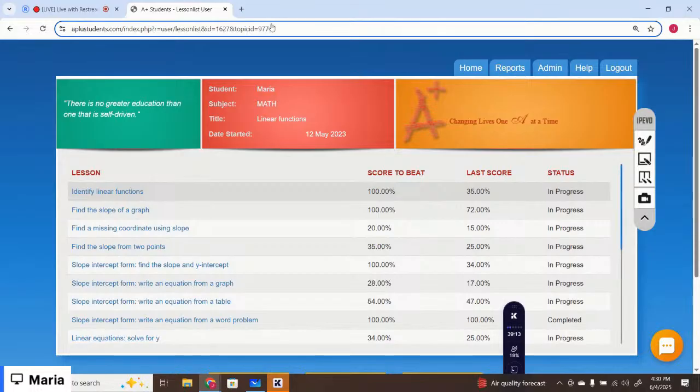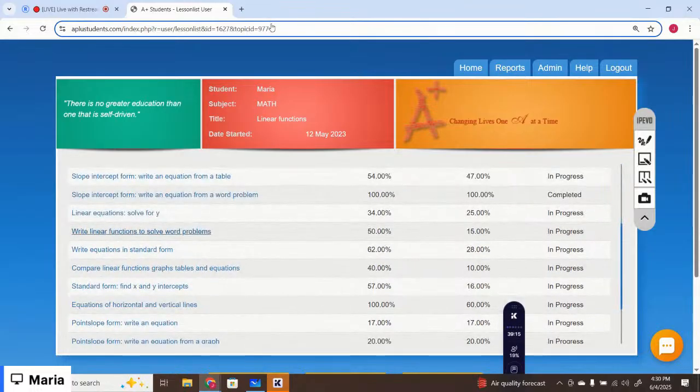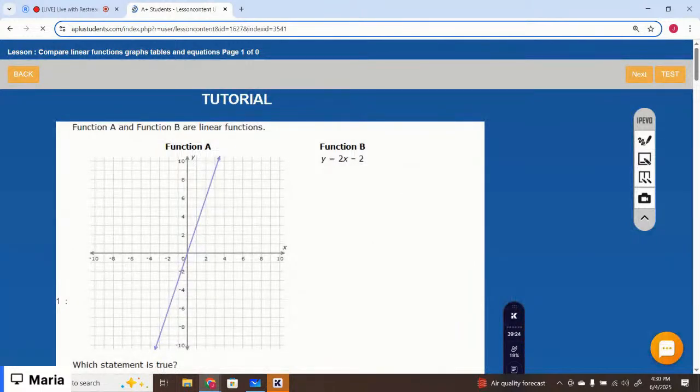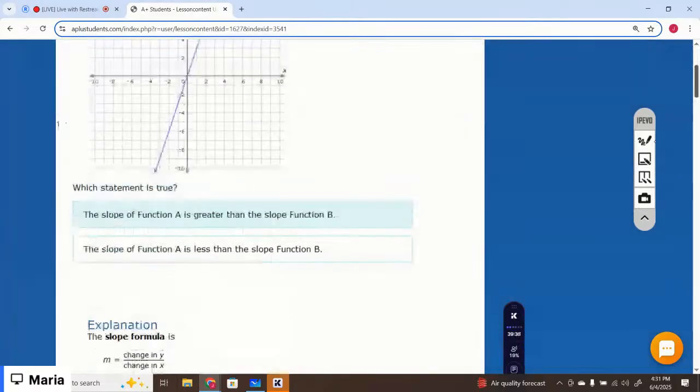The next lesson is compare linear functions, tables, and equations. Function A and function B are linear functions. Which statement is true?